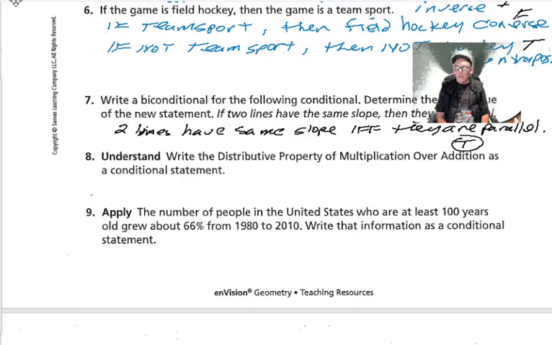Write the distributive property of multiplication over addition as a conditional statement. Okay, distributive property of multiplication over addition, an example would be 4 times 3 plus 7 is like 4 times 3 plus 4 times 7, as a conditional statement.